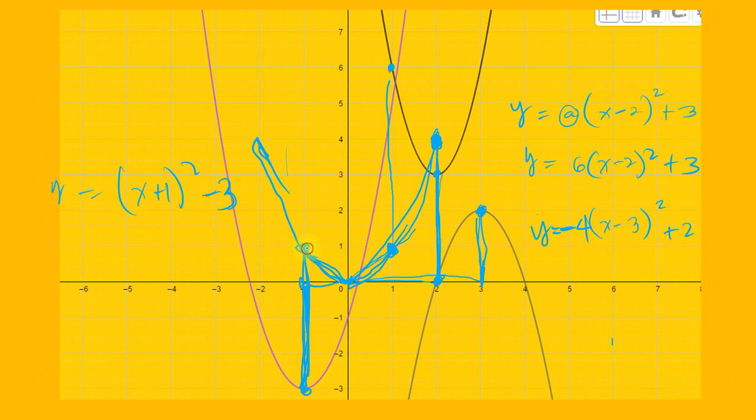Okay. Let's try y equals negative x plus 4 minus 3. So what happened here is there is a horizontal shift of 4 units to the left.